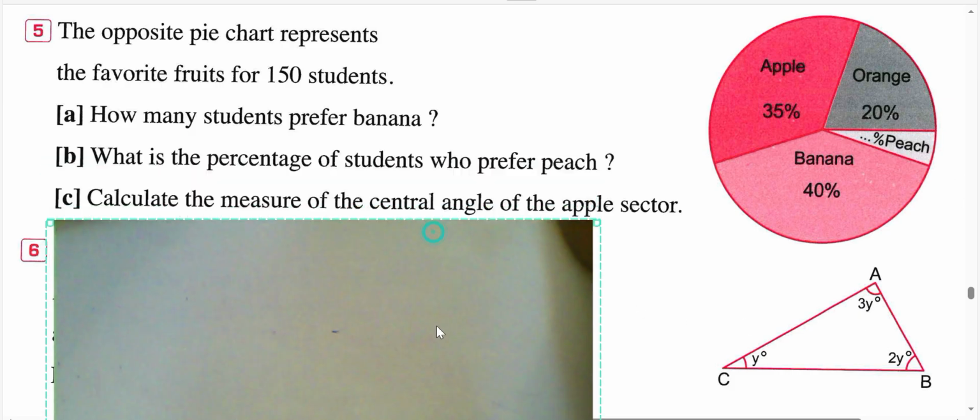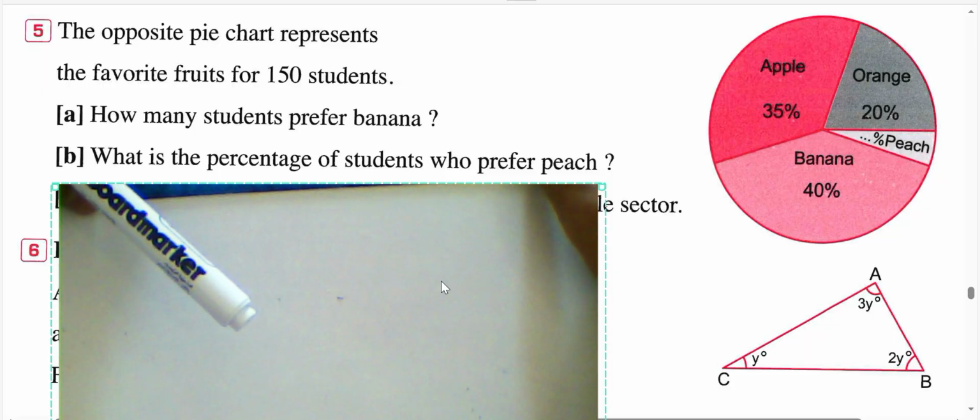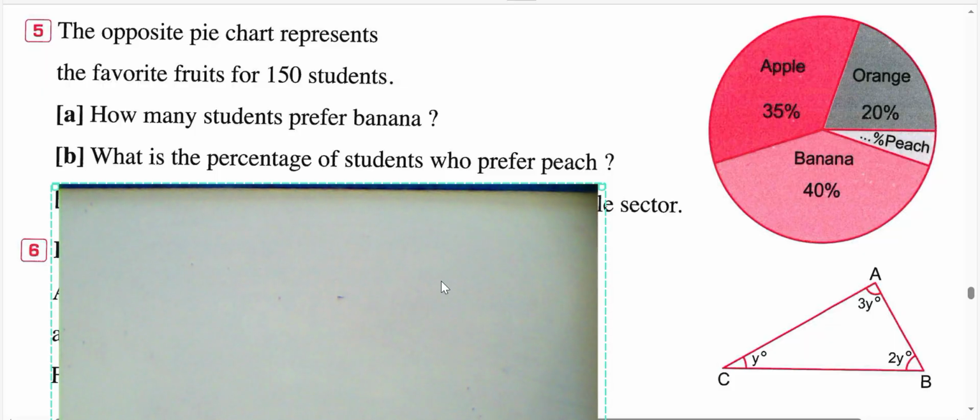Next question. What is the percentage of students who prefer peach? You can add all together and subtract from 100%.